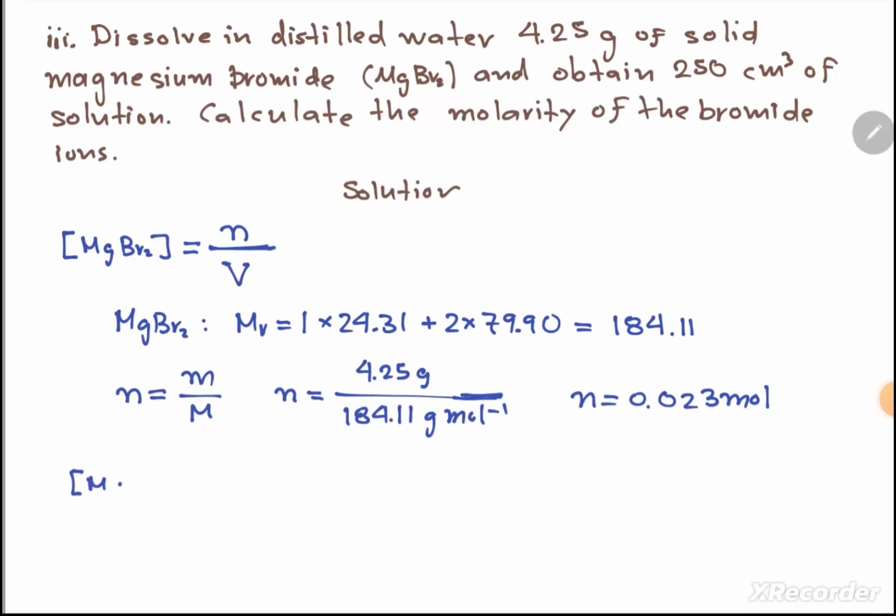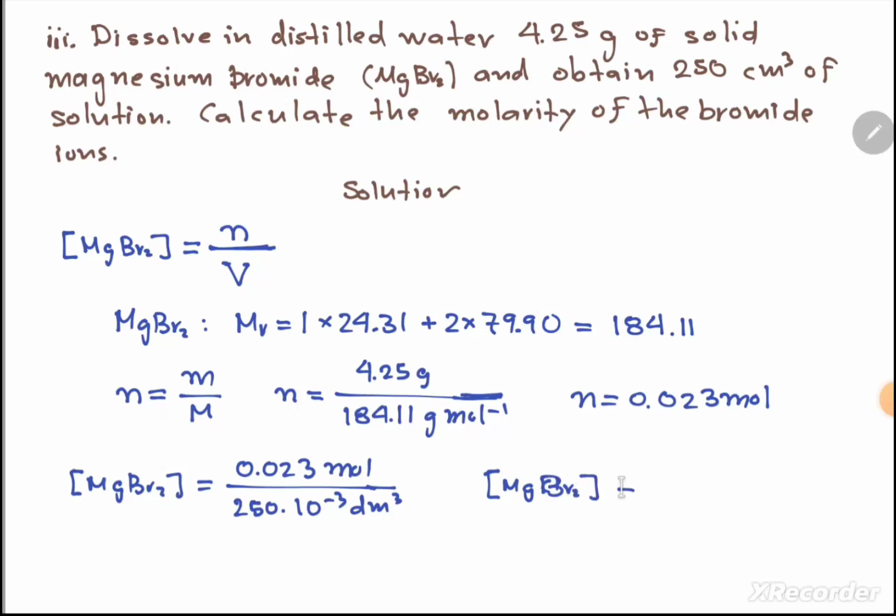So for the molar concentration we have to convert the volume to dm³, and we have the molar concentration 0.092 mol dm⁻³.